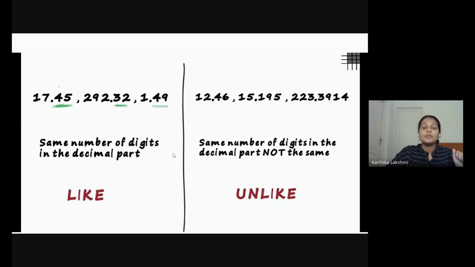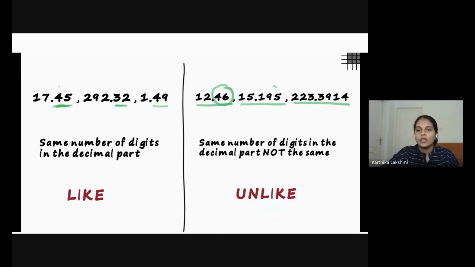So these types of decimal fractions are called like decimal fractions: the same number of digits in the decimal part. Got it? Now, look at the numbers 12.46, 15.195, and 223.3914.